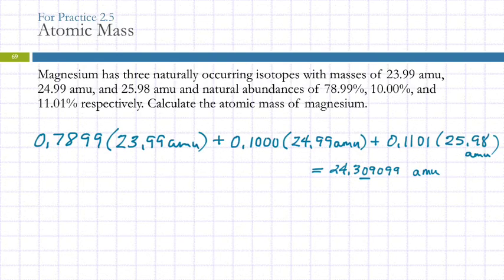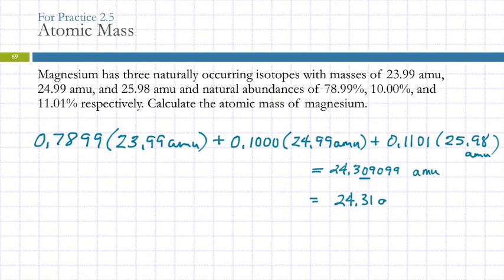The exception would be, what if this was just 79%? What if it only had 2 sig figs? Well, then my percentages are limiting the uncertainty in my result, the number of sig figs, and so I'd have to adjust that. But here I've got 4 sig figs in my percentages, and I'm proposing 4 sig figs in my average, so I think that's a good place to go.